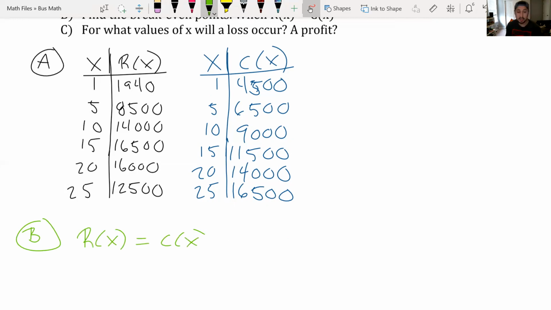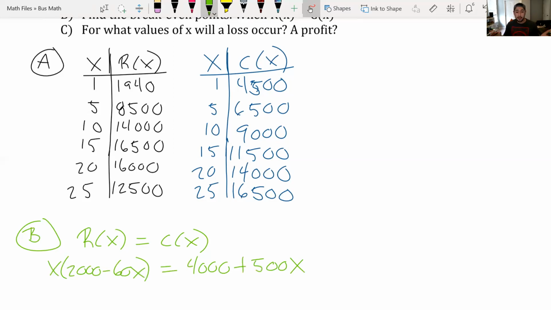equals cost. This means that I'm going to take the revenue function of x times 2,000 minus 60x and set it equal to my cost function of 4,000 plus 500x.